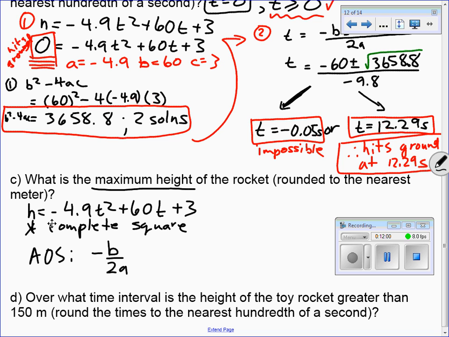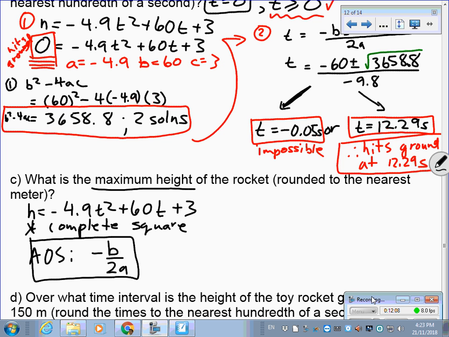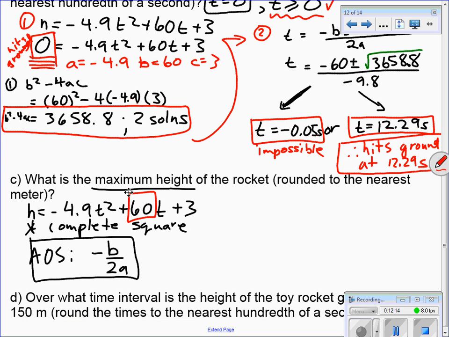So if I wanted to, I could tell you right away, go find me the maximum height and when it happens. So if I punch this in, I know that from my equation, my b value is 60, my a value is negative 4.9, and I just plug that into my equation.